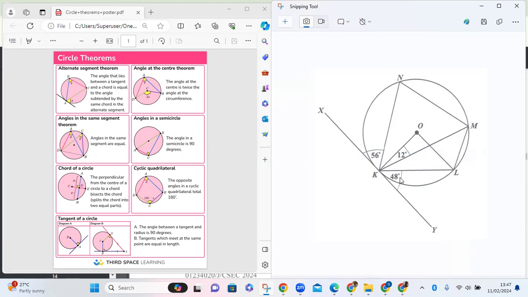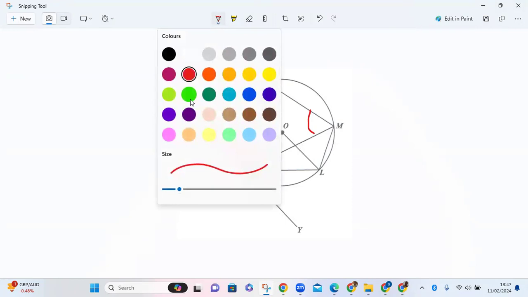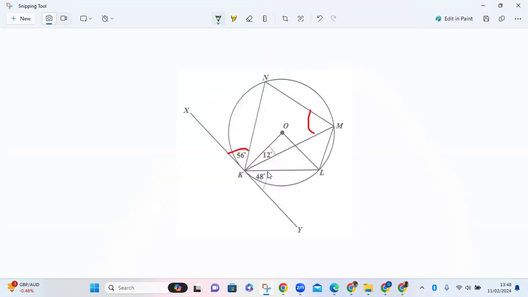And there's another one, a 48 degrees inside of this. We have to get the chord that we are talking about, which is KL, and we have to go away from L. And here now, LMK is 48 degrees also. So KMN is 56 degrees and LMK is 48 degrees.